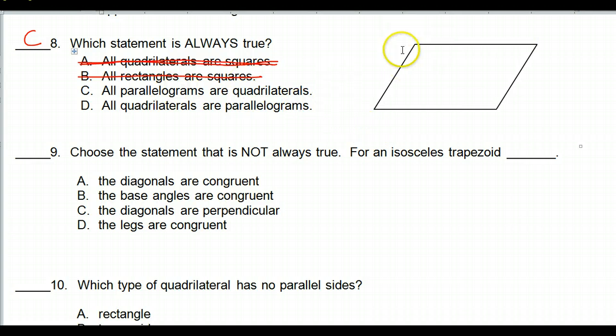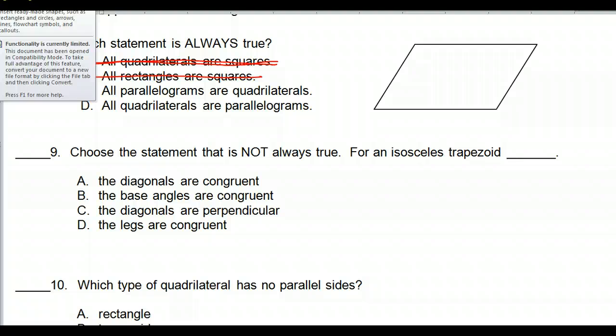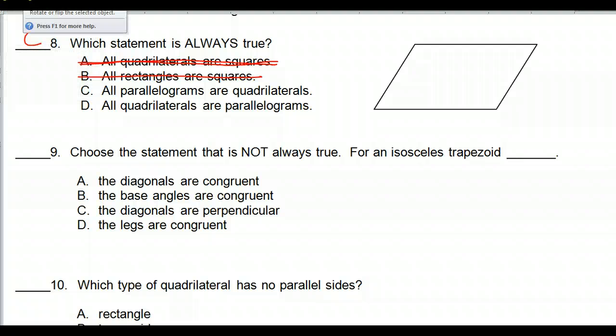They're just saying every parallelogram has 4 sides. Yeah, that's definitely going to be true. All quadrilaterals are parallelograms. No, that is clearly false. It could be a trapezoid or a kite, or none of the above. So it could be random.